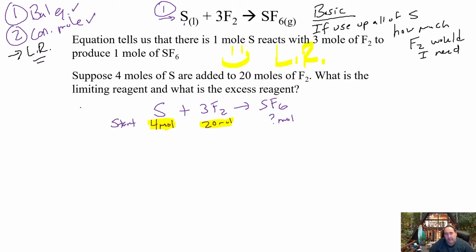So we're just going to do this little calculation here to figure out which one is the limiting reagent. I'm going to take the moles of sulfur that I'm starting with, which is 4 moles.